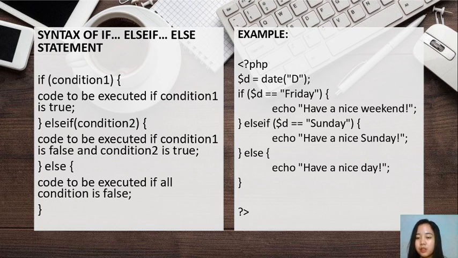If $d equals to Sunday, iya ning i-execute ang "Have a nice Sunday". So kung false na sad ni ang Sunday, kay Saturday man diay, then laos siya sa else. Wala na siya condition. I-execute na niya diretso ang "Have a nice day".